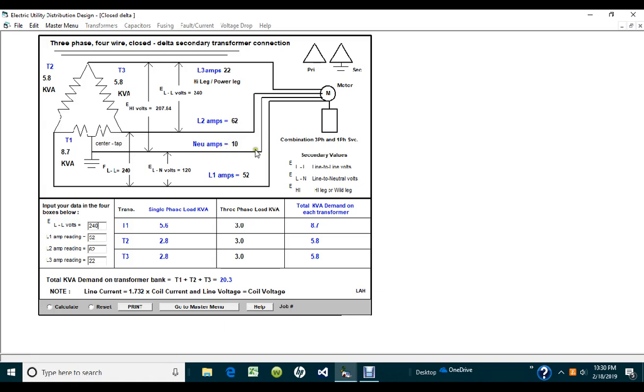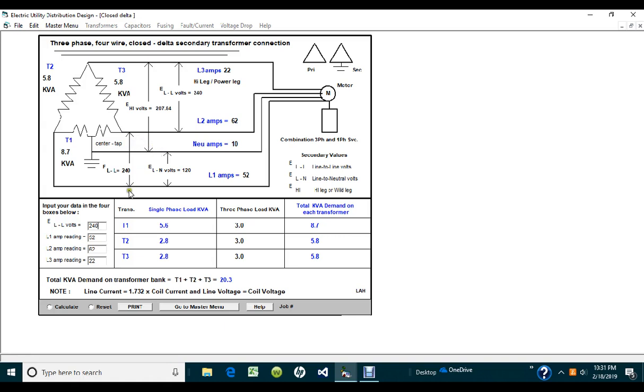That difference is 10, and that's what would be flowing in a neutral line itself. So basically that's what happens with the delta connected transformer bank. I can actually have 3-phase and single phase load connected to this customer service coming from this transformer bank.